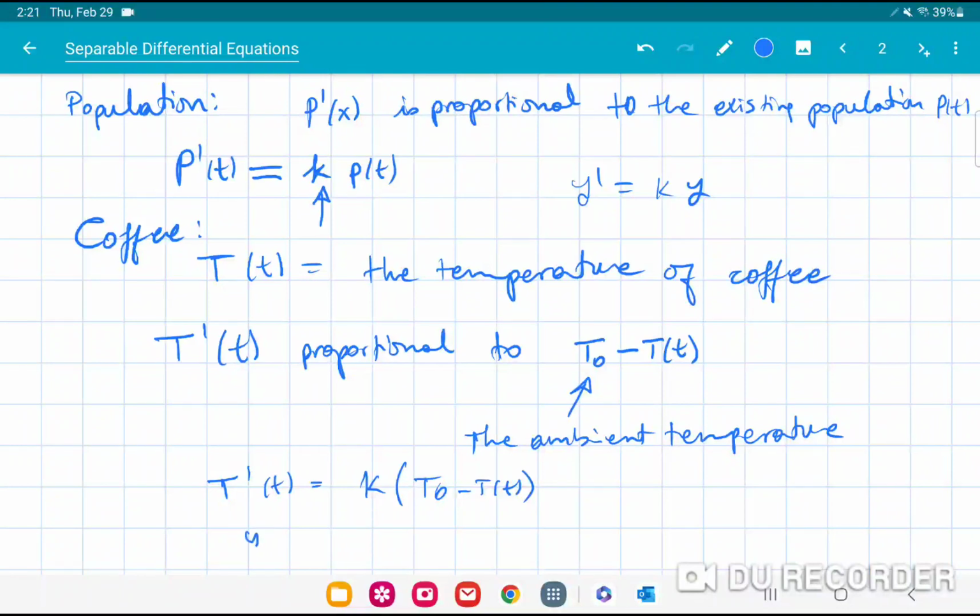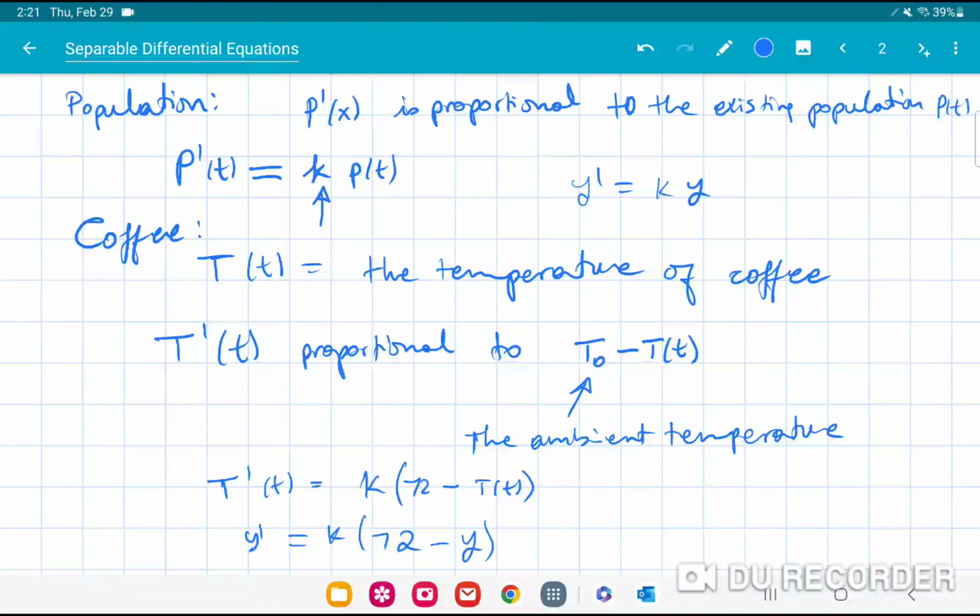So this is like y prime equals a constant times the ambient temperature minus y. That's a differential equation. These are constants. Okay, I could say this may be 72 degrees for a room temperature. So that is what that differential equation looks like.